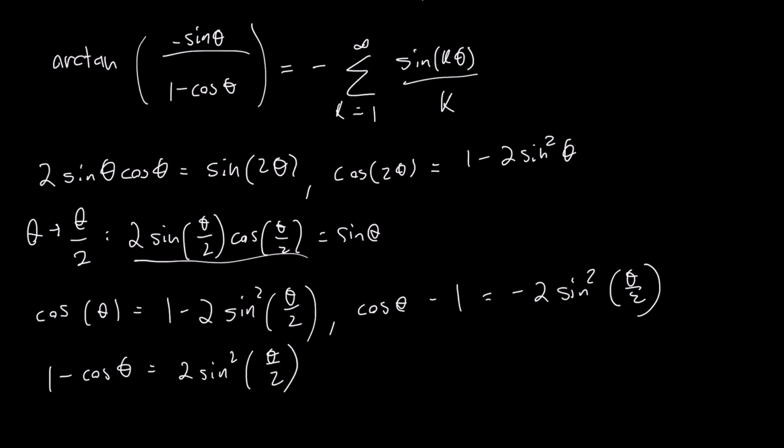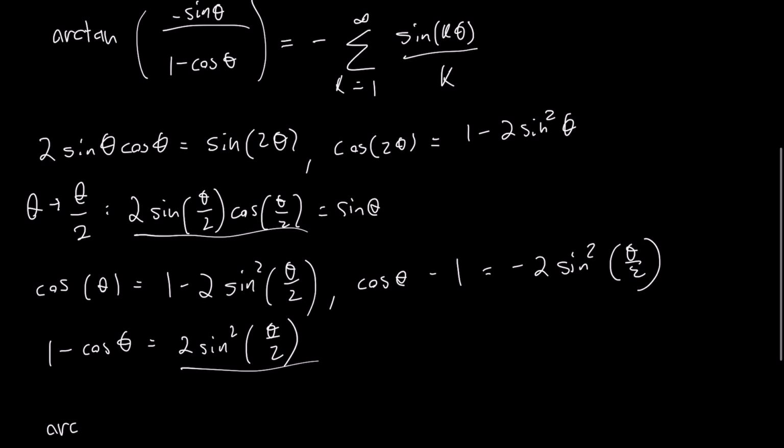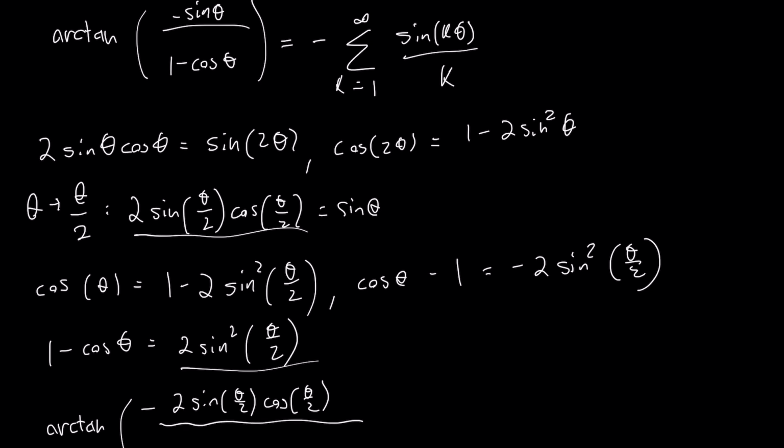So now using this and putting it here, we're going to have the arctangent of negative 2 sine theta over 2 times cosine of theta over 2, divided by twice sine squared theta over 2, and this is equal to negative the sum from 1 to infinity sine of k theta over k.